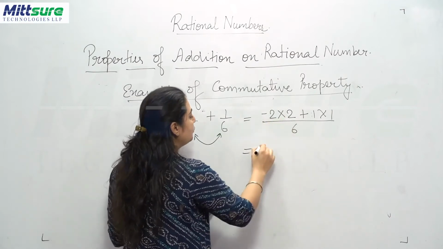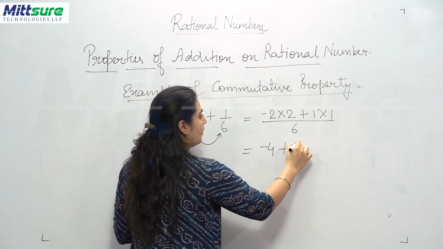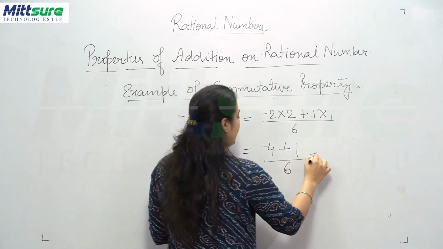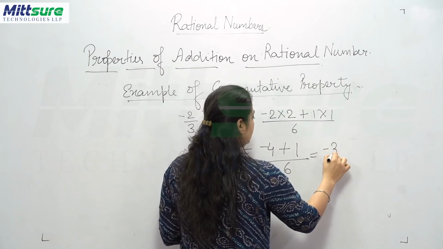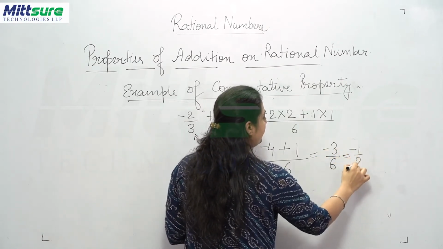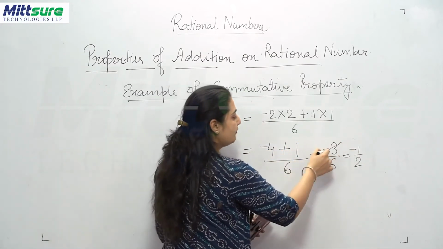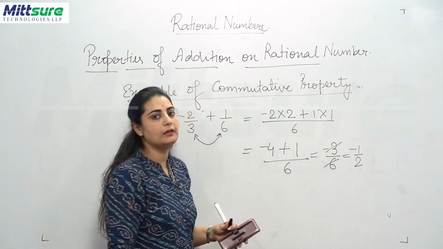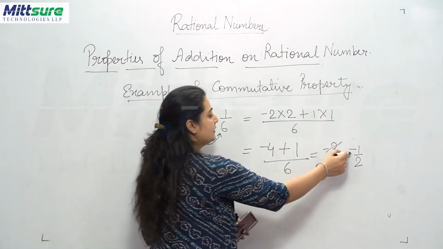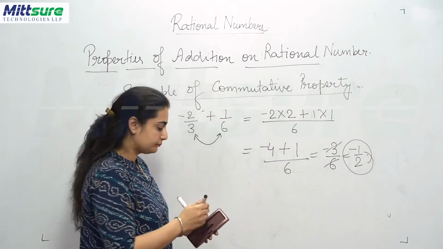Minus 2 into 2, minus 4 plus 1 upon 6. So what is my answer? Minus 3 upon 6. That is minus 1 upon 2. Clear? What I have done here? I have reduced the rational number to its simplest form. That is why the sum has come minus 1 upon 2.